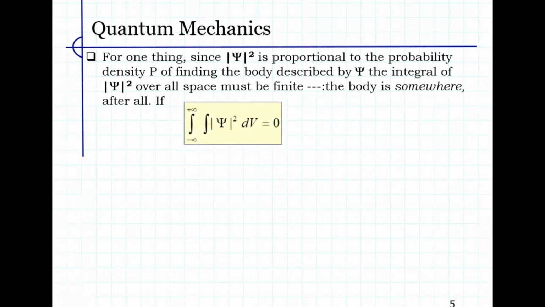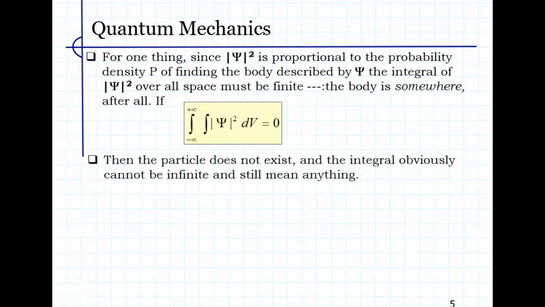So if we find the integral from minus infinity to plus infinity, for all the volume and for all the times, equal to 0, then the particle is not there. But if particles do exist, then this integral obviously cannot be infinite and cannot be 0. So it must still mean something.